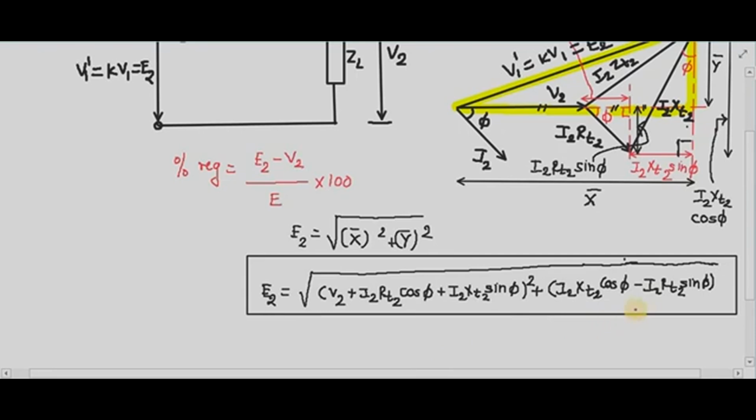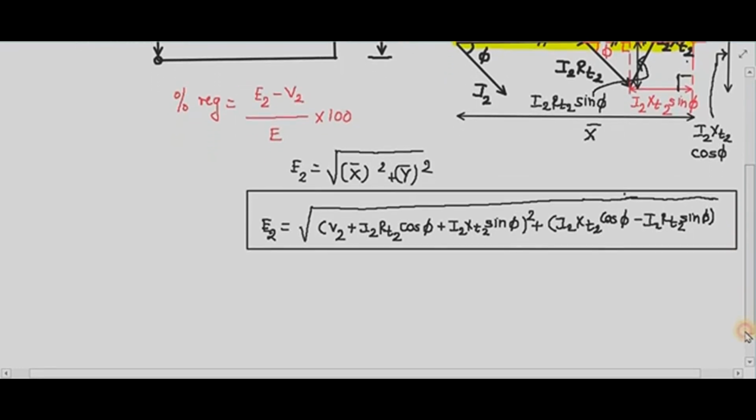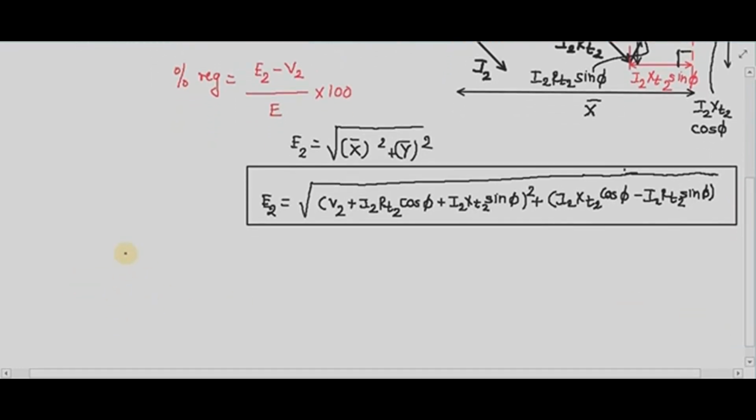Now, in the above expression, the same expression we can derive alternately by using the complex notation. So what is our reference vector? Your reference vector is V2. So I can write this reference vector in rectangular form as V2 plus j0. Then what is I2? The I2 vector is lagging V2 by angle phi.